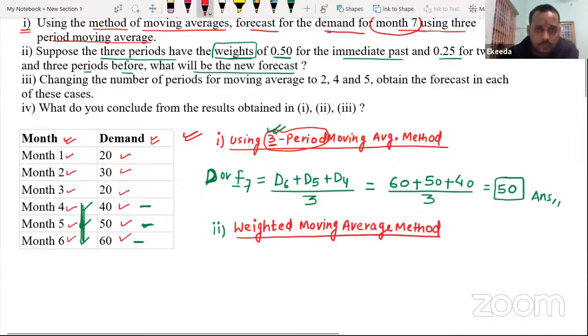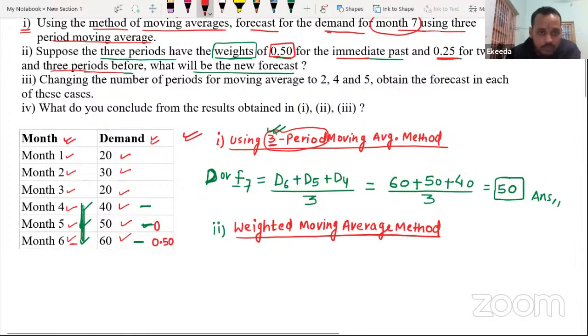You can see the weights are given. For the sixth month, the immediate past, they have assigned 0.50. We also know that we have to assign the highest weight to the recent demand data, and the sixth month is the latest.